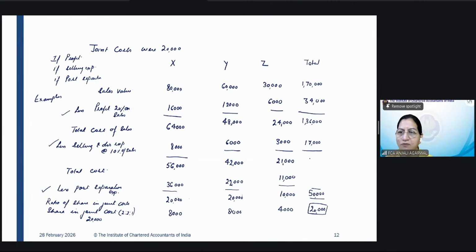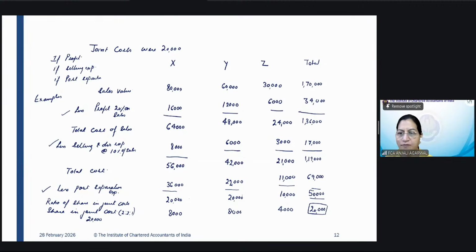Therefore, your total cost of production should be 1,19,000, in which the post-separation costs are 36 and 22, 58, 69,000.